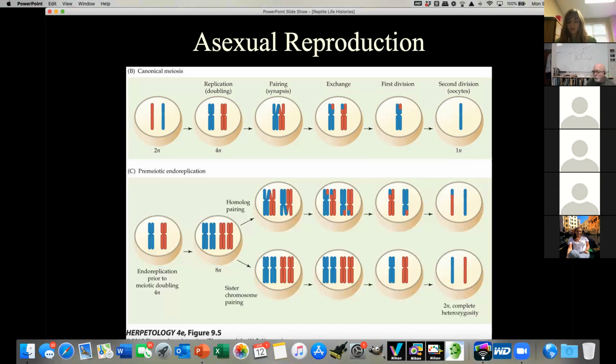And in the case of those kleptogenetic salamanders in the Great Lakes region, those ambystomatids, copulation includes the transfer of sperm, and then that sperm just doesn't become incorporated into the offspring. But in some cases, it's just the act of copulating that enables the process of parthenogenic production of offspring to occur.